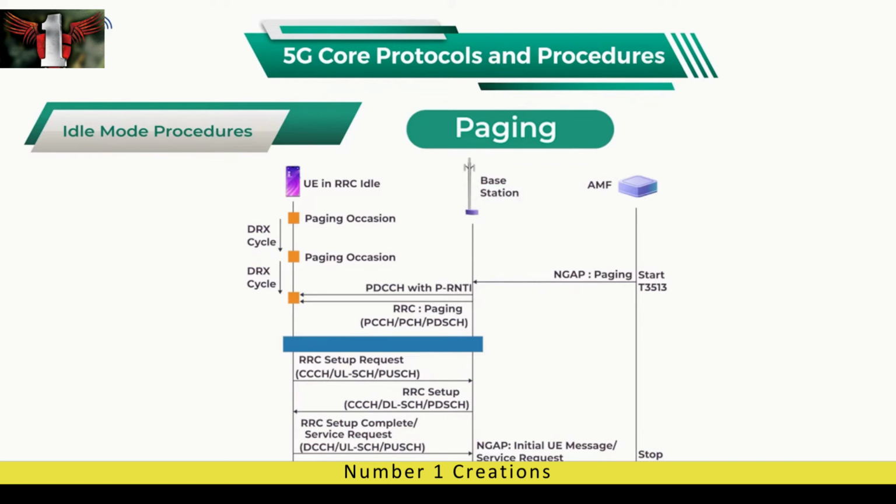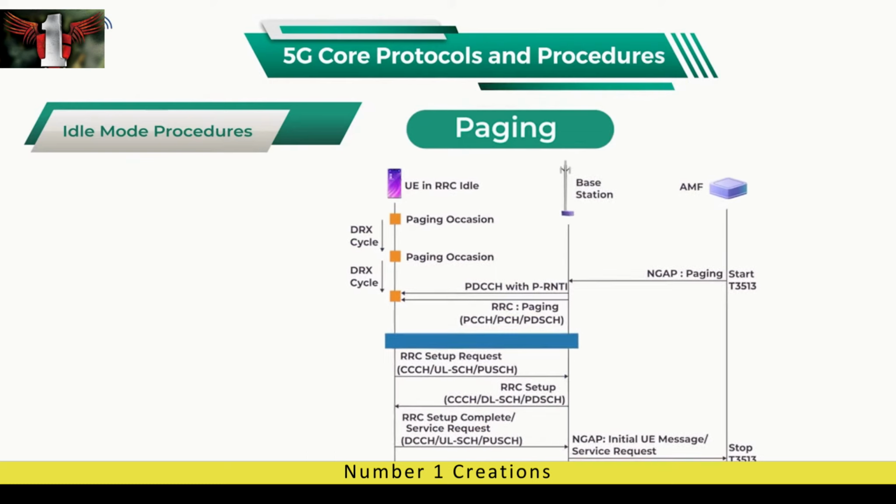This additional category is applicable when there is a requirement to notify UE of a change to the system information or an incoming ETWS or CMAS message. In these cases, the paging procedure does not use NGAP nor RRC paging messages. Instead, the paging procedure uses only the payload of the PDCCH.